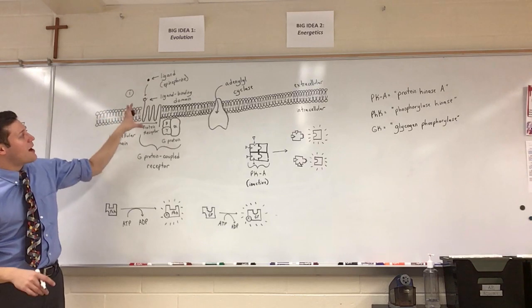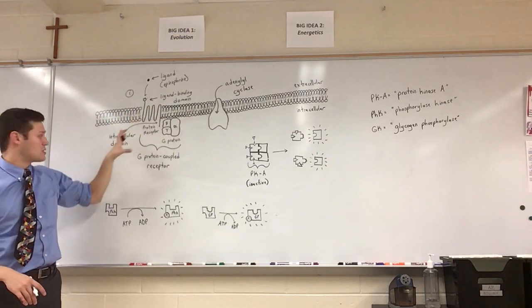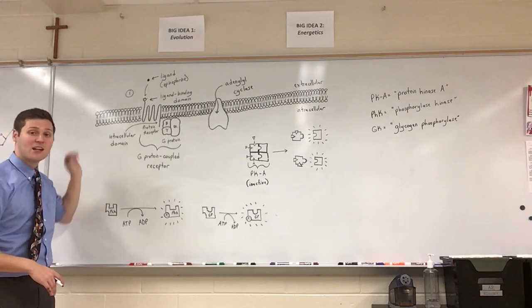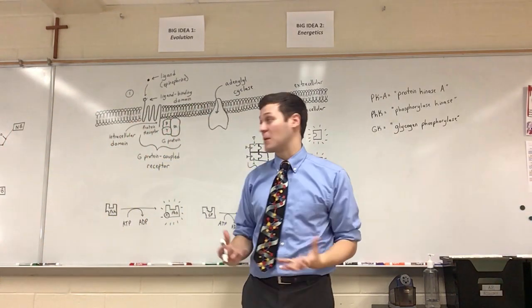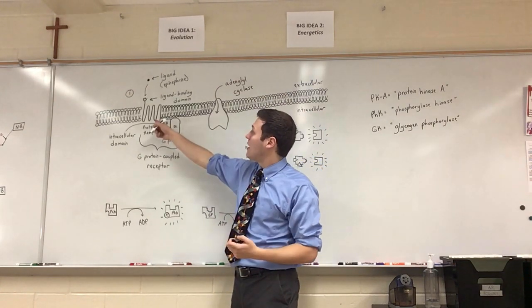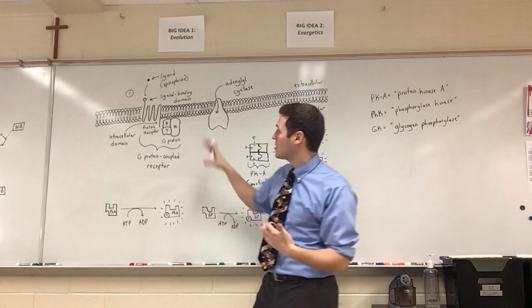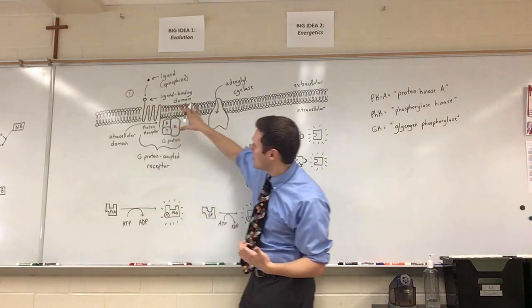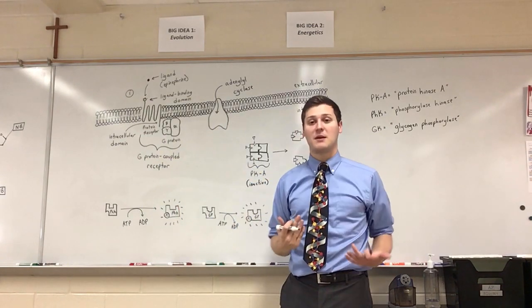So the ligand binds to the ligand binding domain. The protein receptor, specifically the intracellular domain, undergoes a conformational change, a change in shape. This is coupled with this thing called a G protein. So we call this a protein receptor, this a G protein, this whole thing is a G protein coupled receptor.